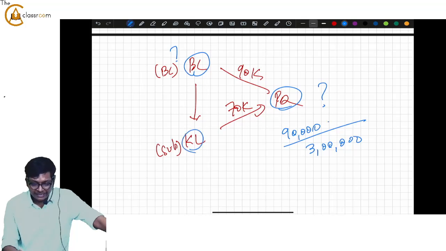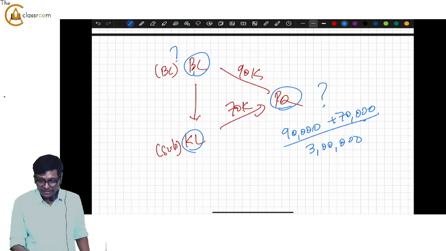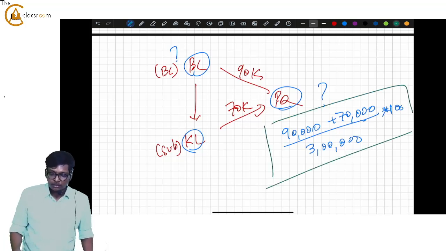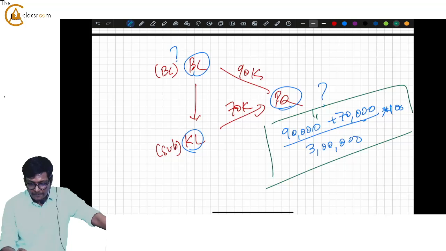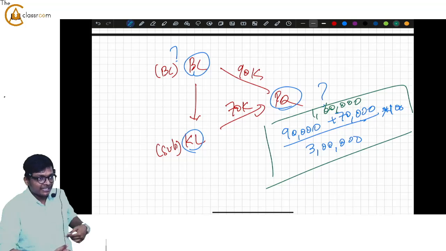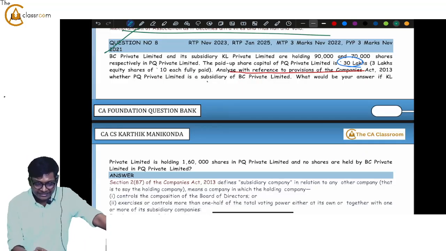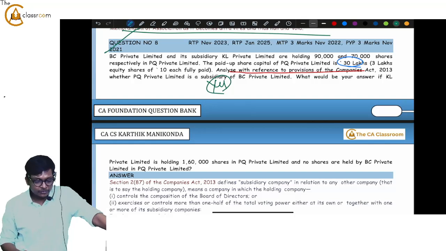How much is KL having? But whatever KL has is also under my control. It's my subsidiary, so my control. So what is the percentage I'm having out of 100? It is coming to around 1,60,000. I need not compute, because half is 1,50,000. It is more than half. Therefore, yes, it is a subsidiary.